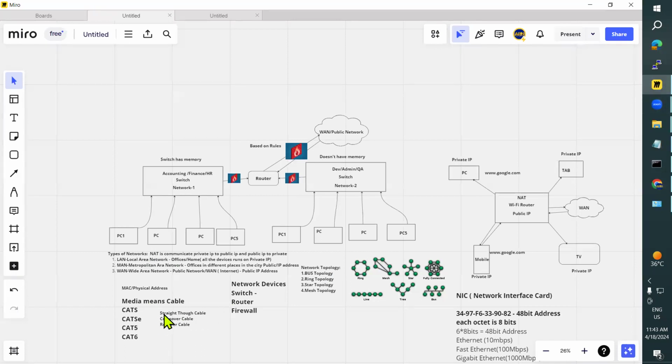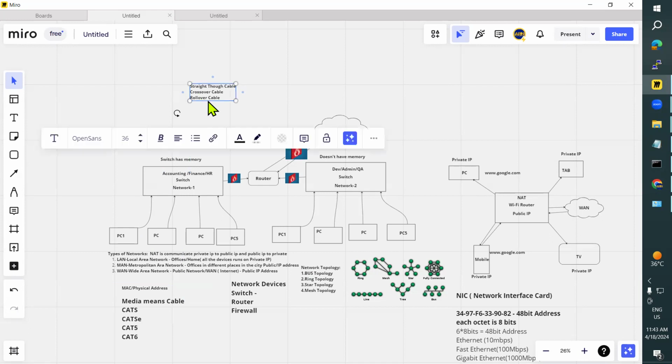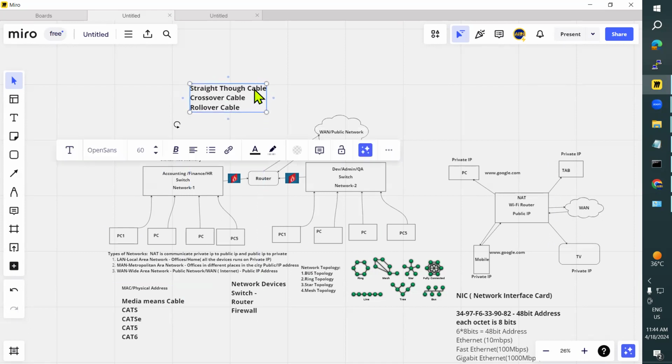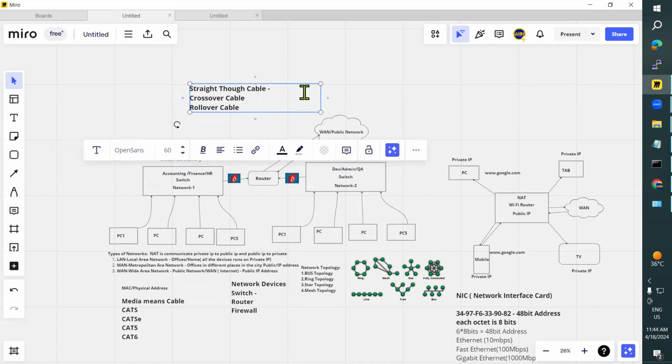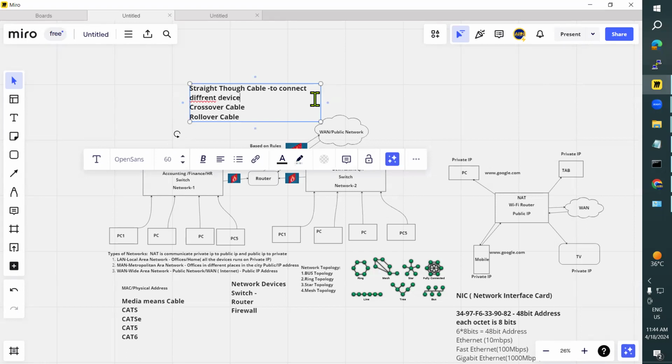For example, the straight through cable. These are all networking basics, good to know. The straight through cable is generally used for connecting two devices of different types.